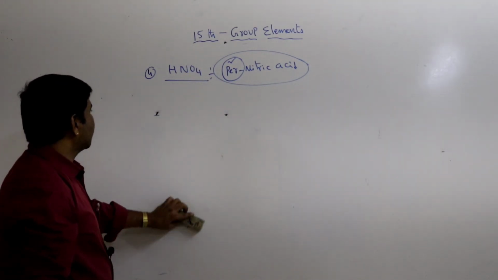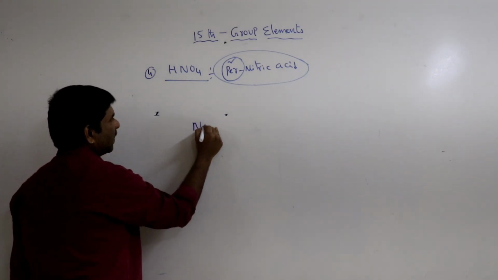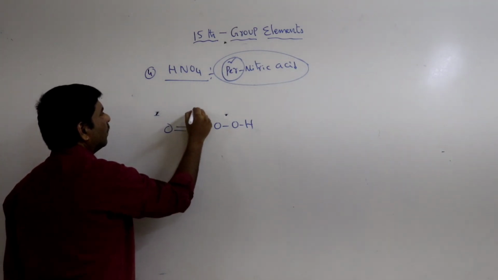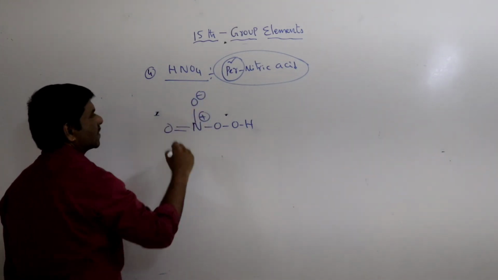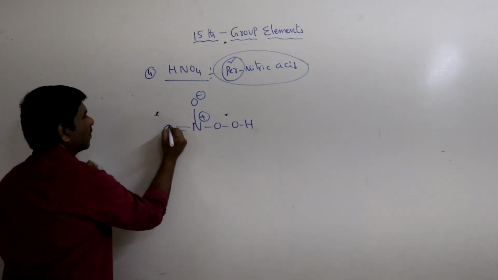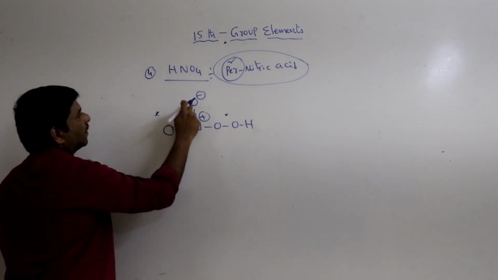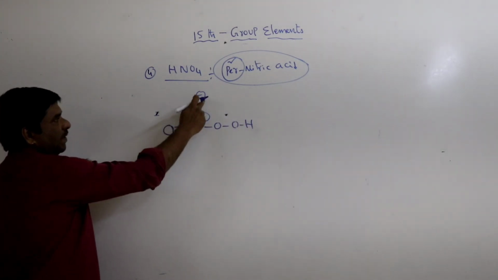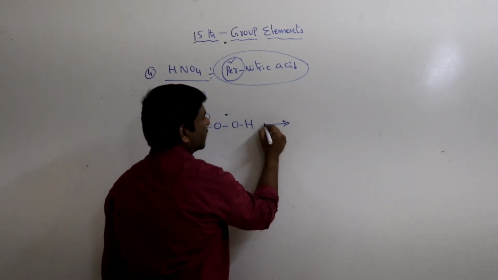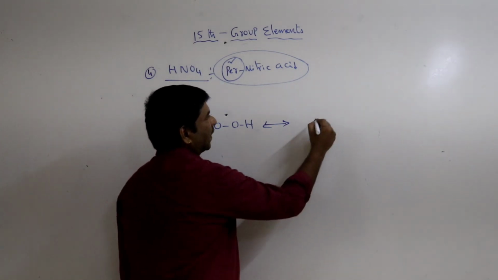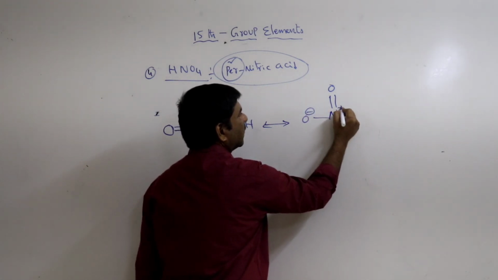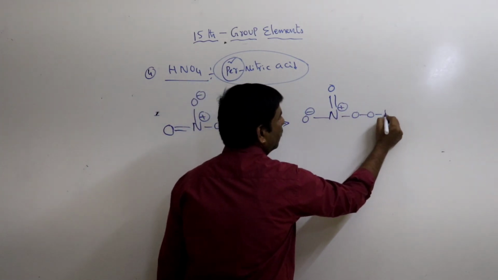It also has resonance structures: NOOH, double bond O minus, N plus. Check it: there are 4 oxygens, 1, 2, 3, 4, and 1 hydrogen. This is loss, this is gain. It is also written as a resonance structure: N double bond O minus, N plus, OOH.